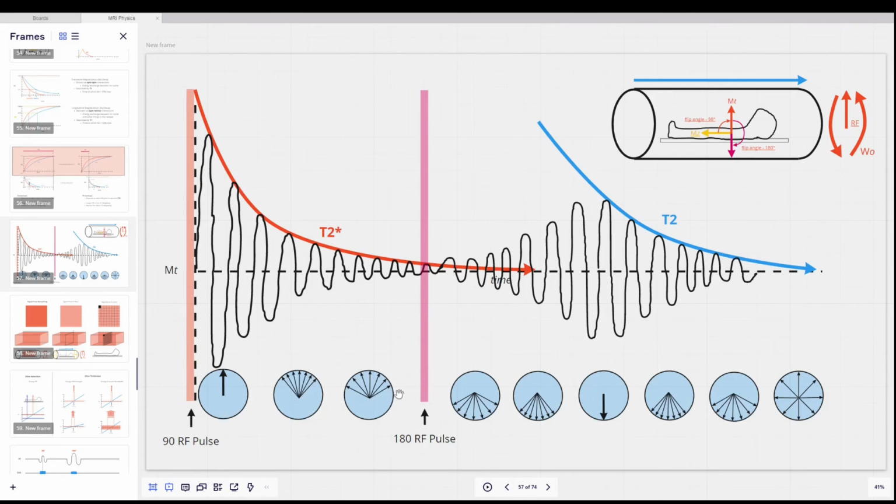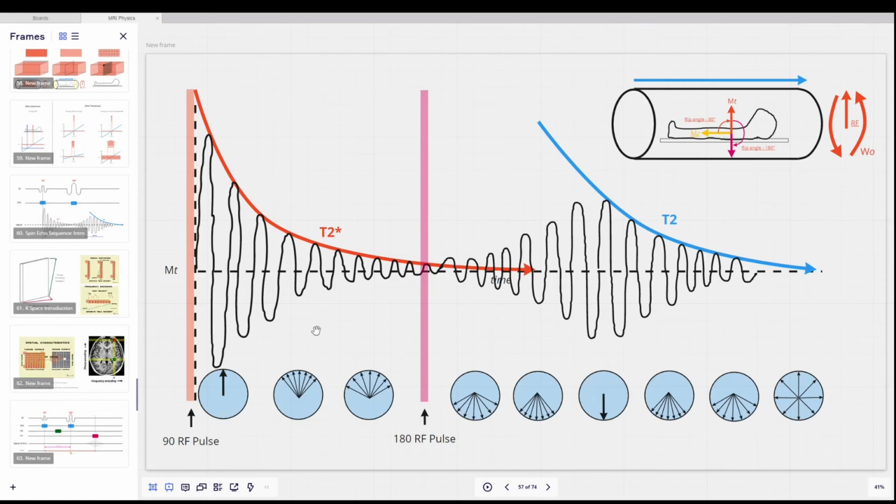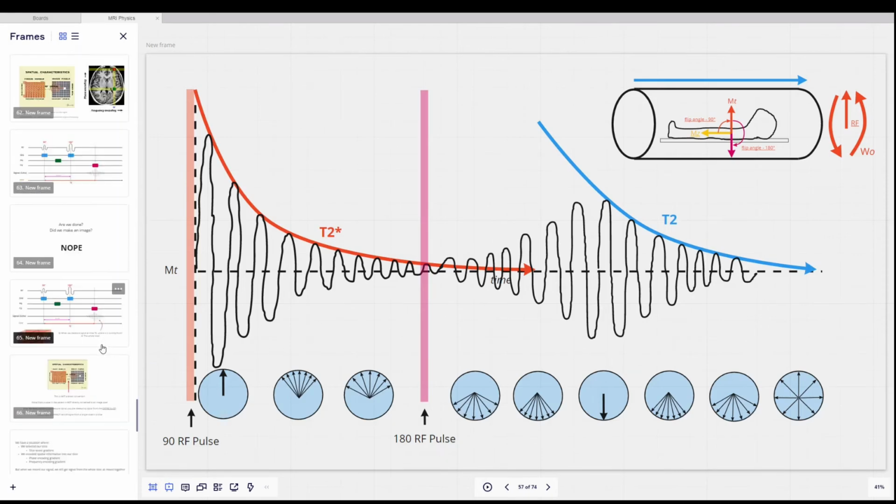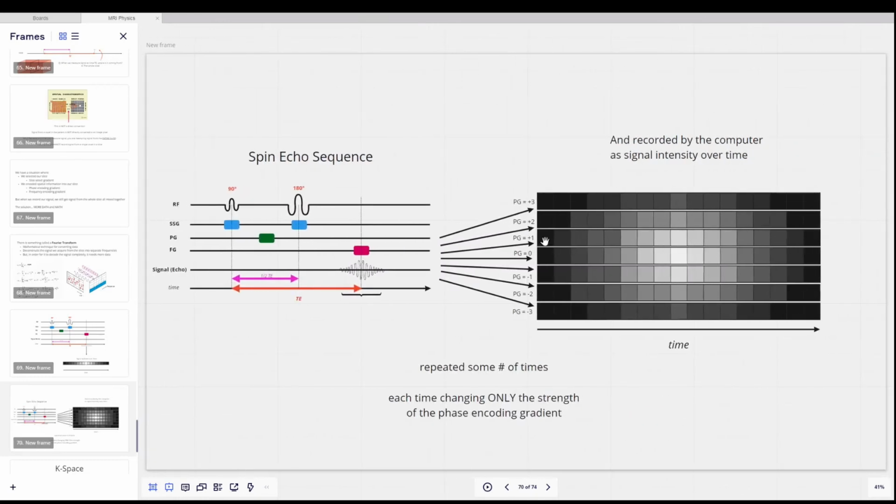So you're going to lose signal faster. In a stronger magnetic field, this curve is going to drop down quicker because these things are dephasing. So if your phase encoding gradient is stronger, you're basically just distorting your signal faster. As a result, when you plot this out, your signal is just going to be less overall because you're dephasing the spins faster. That's why these rows look different from one to the next.